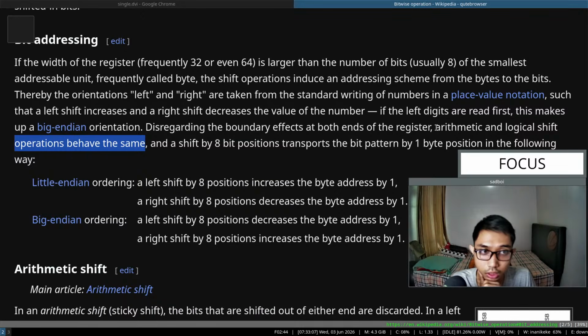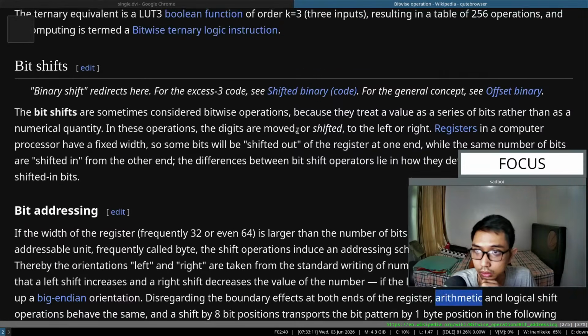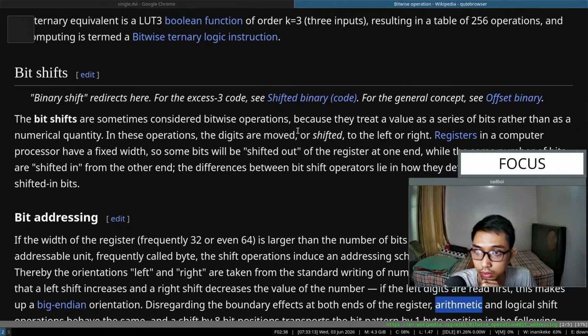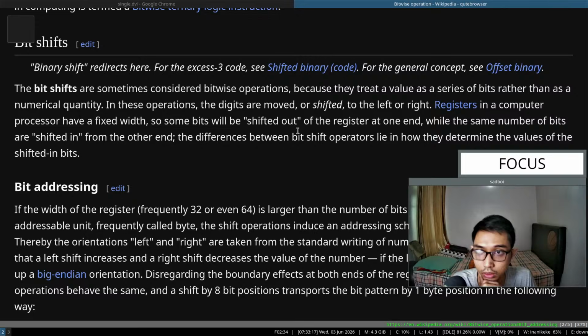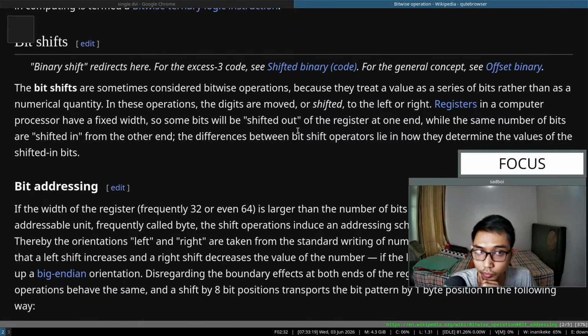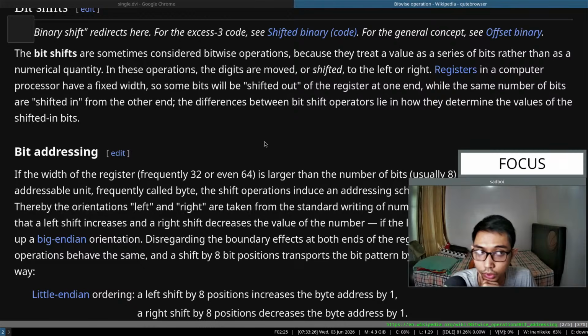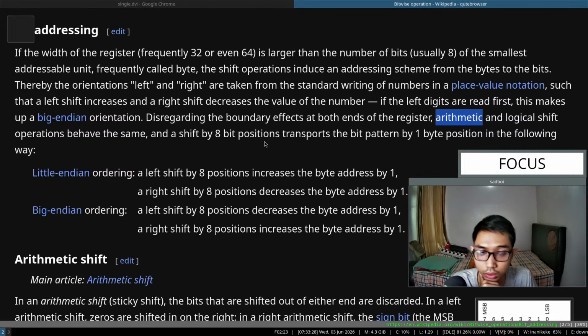Wait, is arithmetic also different? Okay, interesting.